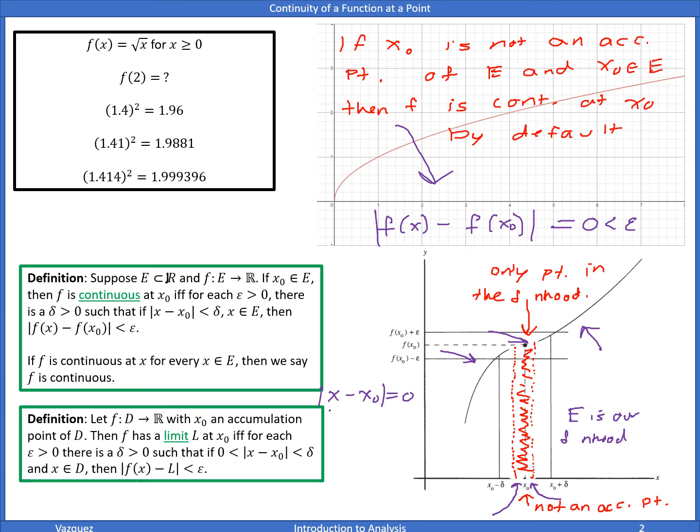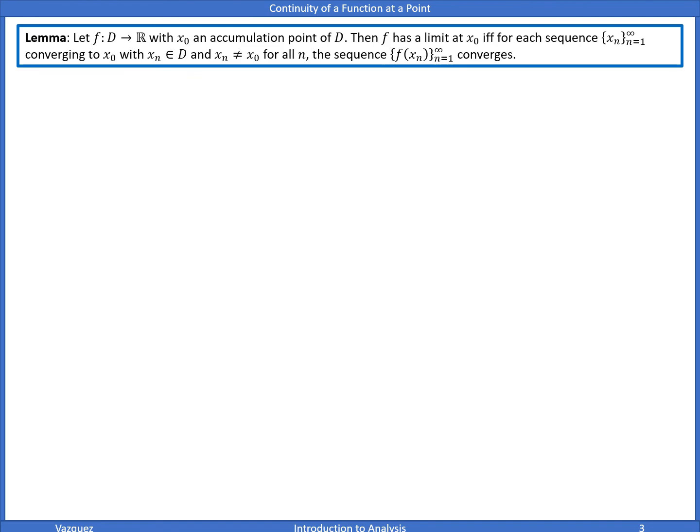But now we can go over just one theorem, and we're actually done with this section. That's just introducing continuity. But before we introduce the theorem, we're going to need this lemma. This we went over in a previous section, I think it was section 2.2 or 2.3, I'm not remembering.